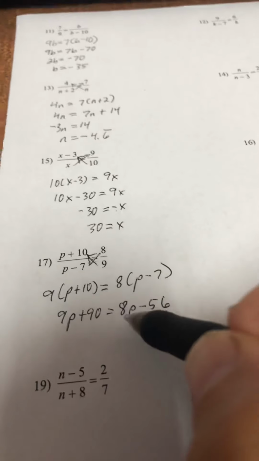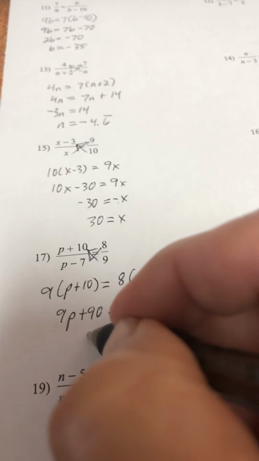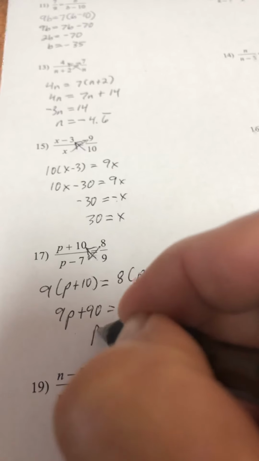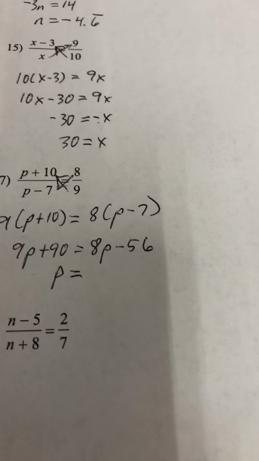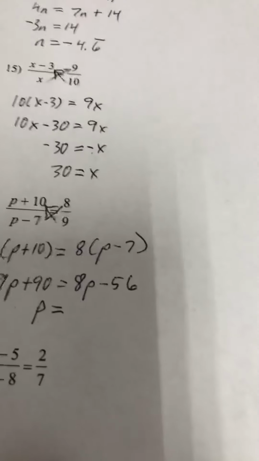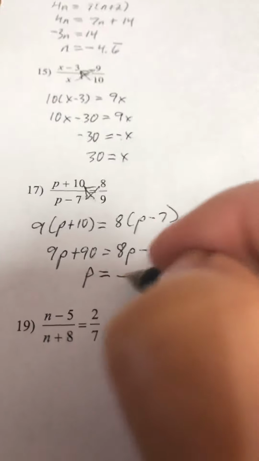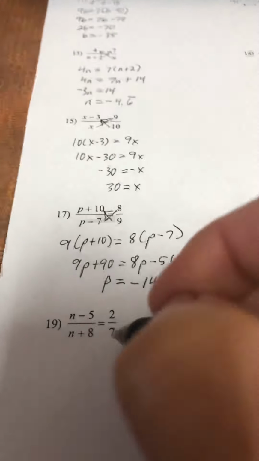Let me go this way. So I subtracted 8p from both sides, so now I just have the p on this side. And then if I subtract 90, negative 56 minus 90 is going to be negative 146. So negative 146. And that's my final answer.